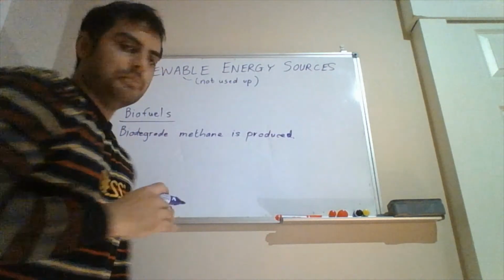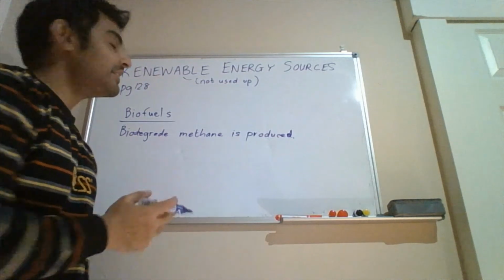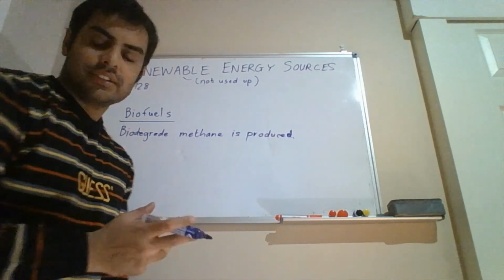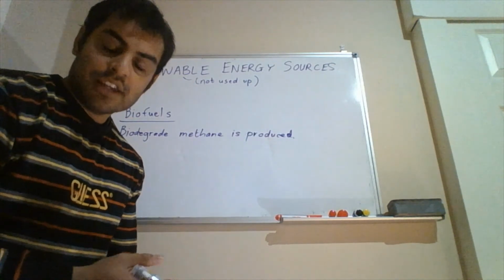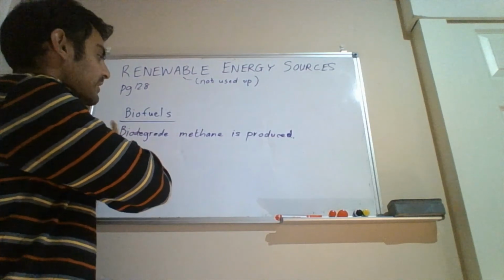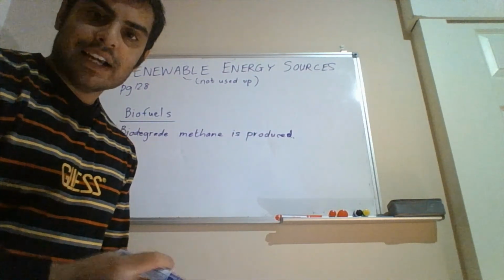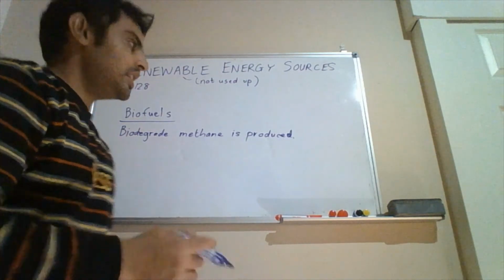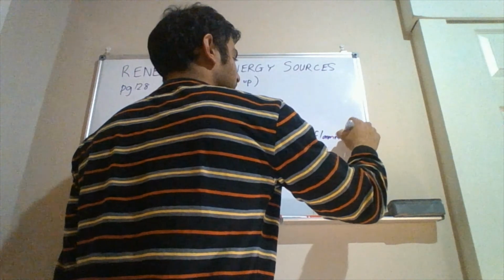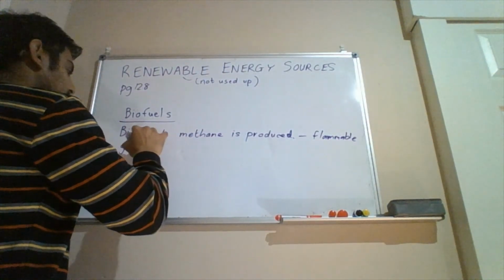Okay, so methane is one of the gases that were found in the previous section on non-renewable energy sources. Methane is one of the gases when you mine oil. So when the dead plants and animals biodegrade, methane is produced, and this methane can be burnt, so it's flammable, and you can generate thermal energy from this.